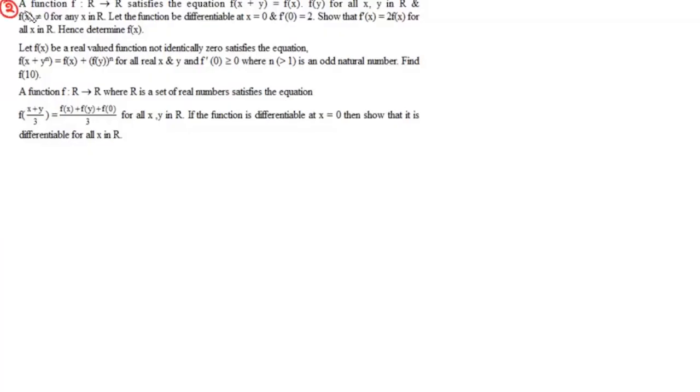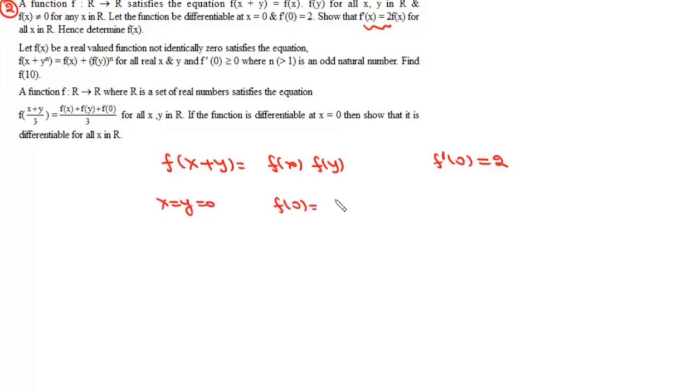Now the second question is, we are given this function f from R to R defined by the equation f of x plus y equals f x into f y, and it says the function is differentiable at x equals 0 and f dash 0 is 2. Now show that f dash x equals 2 f x for all x belonging to R, and hence determine f x. Now what we'll do is find the value of f 0, and for that we'll put both x and y as 0. Then we can write f 0 equals f 0 square.